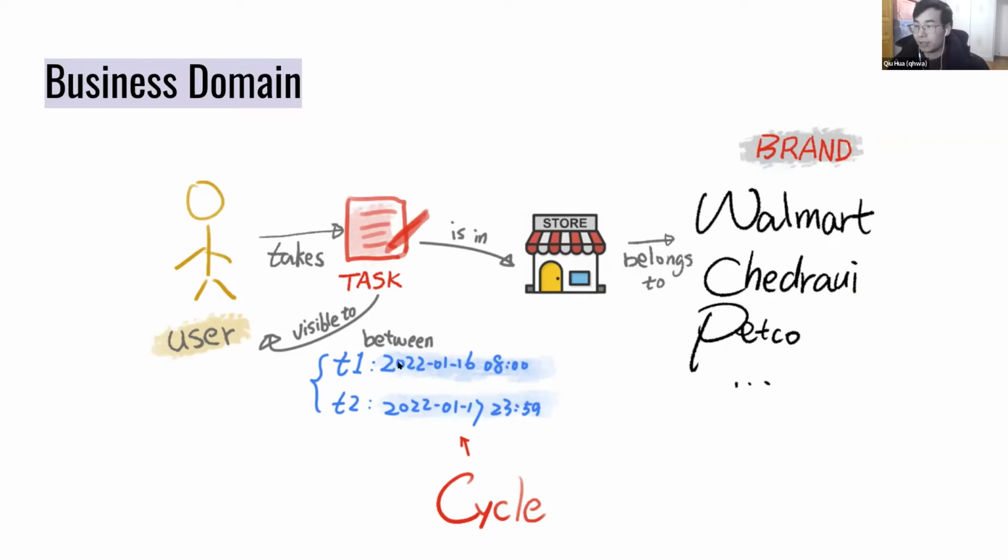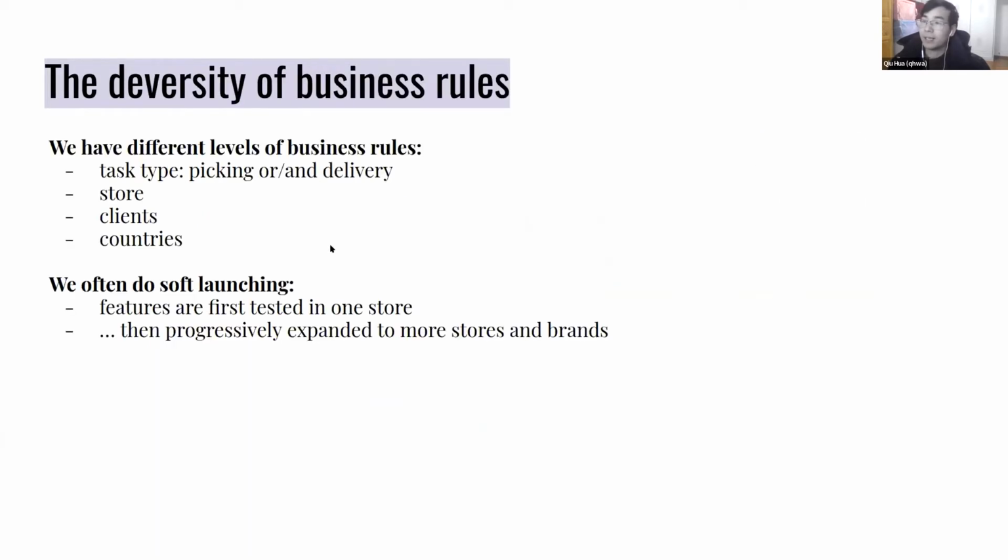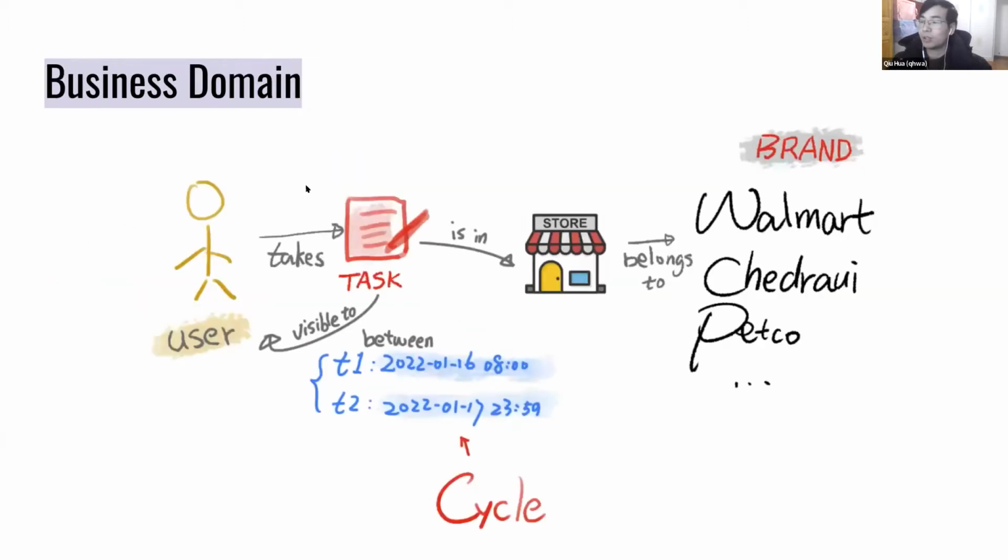So there is a delivery window start and a delivery window end. Our user will deliver the task between these two timestamps, which we call the cycle. Oh, sorry, forgive me. This is called the delivery window, but there's also a cycle. The cycle is not the delivery window; it's something we compute based on the delivery window. We'll talk about that later.